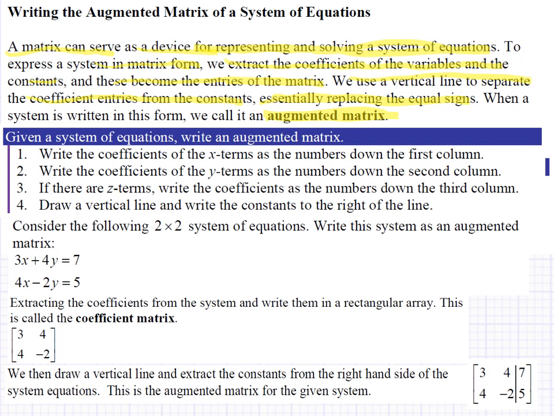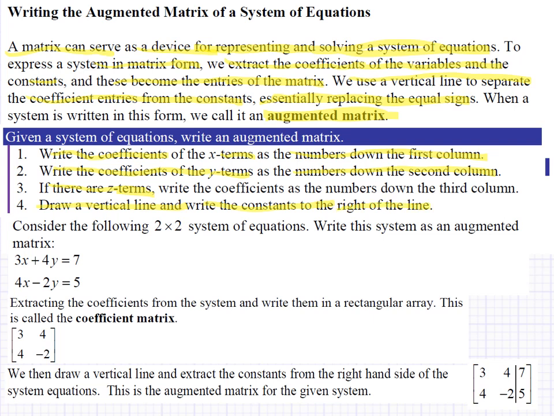So, we're going to write the coefficient in x terms as numbers down the first column, write the coefficient of the y terms as numbers down the second column. If there happens to be z terms, then maybe that'll be the third column. So we may have more variables. This will just continue to grow. We draw a vertical line and write the constants from the right-hand side on the right side of that line.